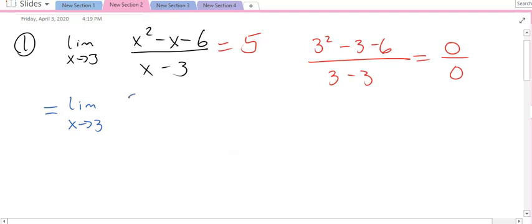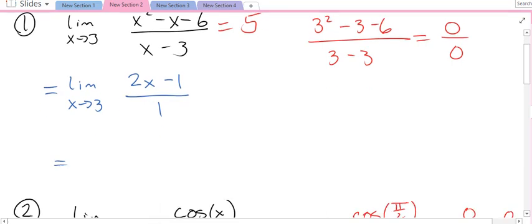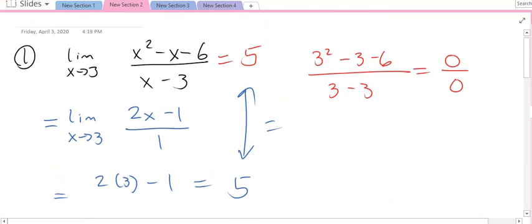The derivative of the top here is 2x minus 1, and the derivative of the bottom is 1. Now the limit as x approaches 3 of 2x minus 1, I can just plug that in, and I get 2 times 3 minus 1, that same 5 that we got before. So this even works on these other limits that we had learned earlier.